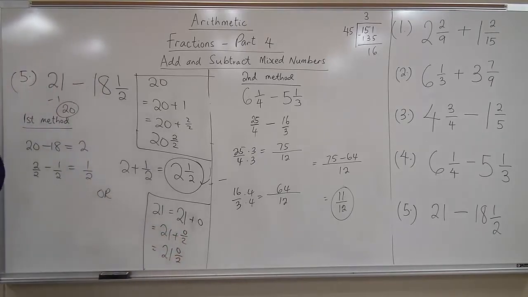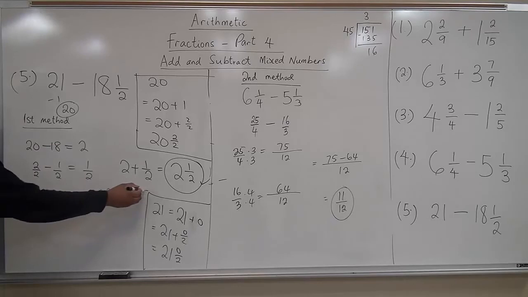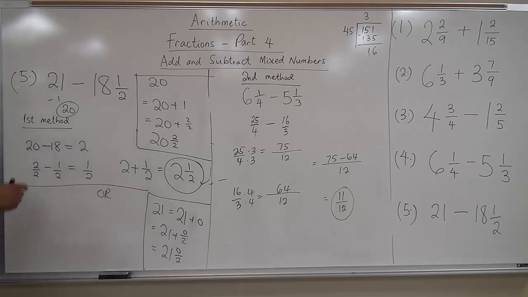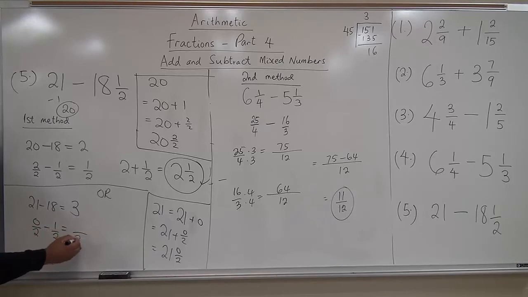You can still do it this way. It's going to work. If you do it this way, then you have 21 minus 18, that gives you 3. And then you have 0 over 2 minus 1 over 2. Because it's all over 2, 0 minus 1 is minus 1 over 2.